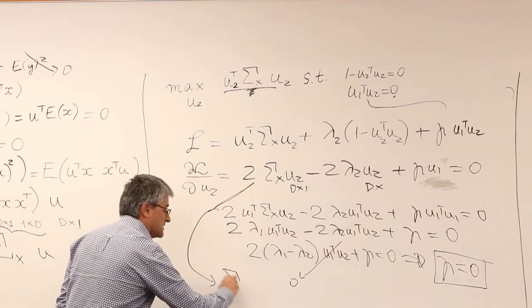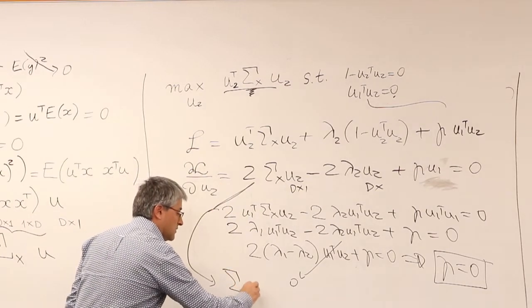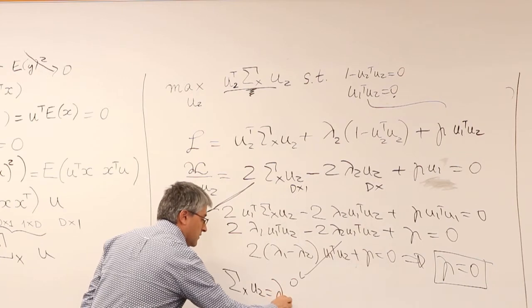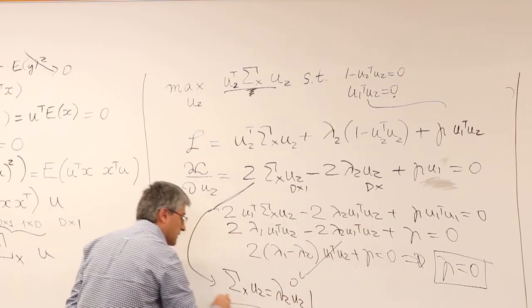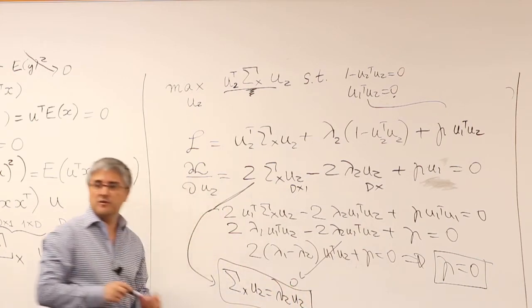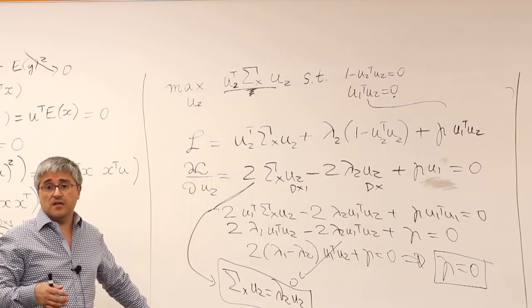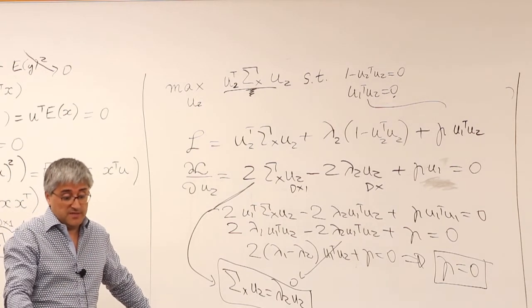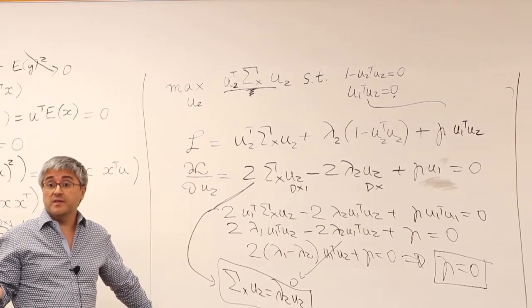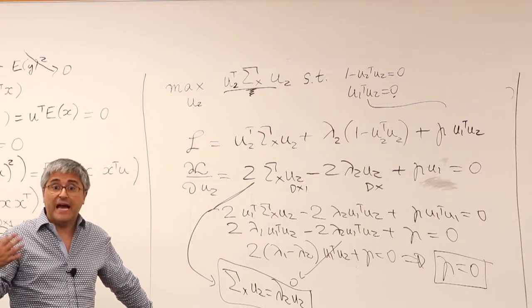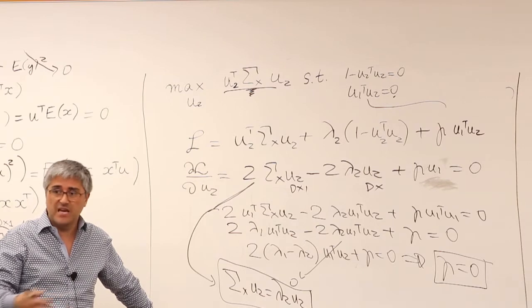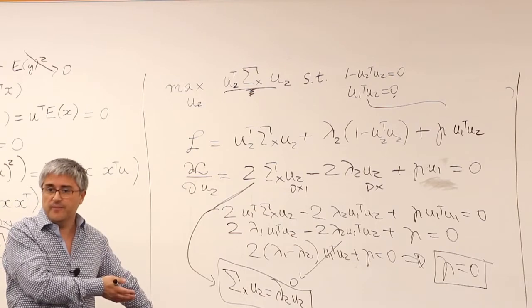So don't I get sigma x U2 is equal to lambda 2 U2? Everybody got that or not? Okay, so it's exactly what I said. I had an extra constraint, the Lagrange multiplier is 0. So I'm back to business. It still is an eigenvector, an eigenvalue. It's the same thing we did before.